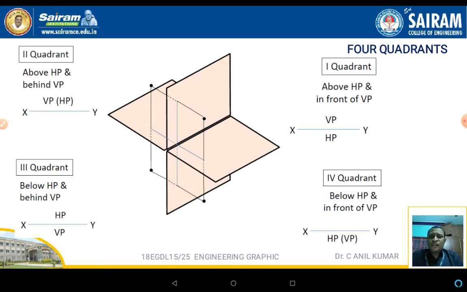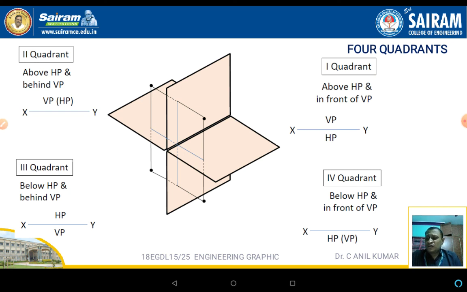The symbolic representation of the quadrants: above HP and in front of VP can be represented as a line XY. Above is HP, below is VP. The same way the second quadrant, above HP and behind VP, can be represented as XY, with VP above and HP in the bracket.